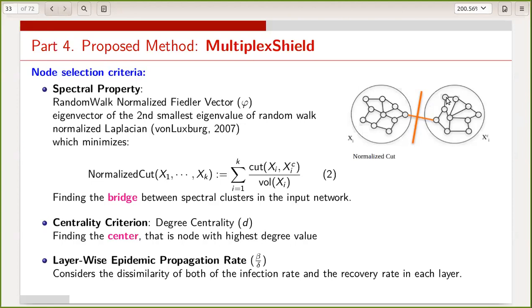Instead of only using the principal eigenvector, we want to make it robust by using the random walk normalized Fiedler vector. And also we still use the degree centrality as in the previous part. And not only do we use the layer-wise infection rate, but we also consider the layer-wise recovery rate.